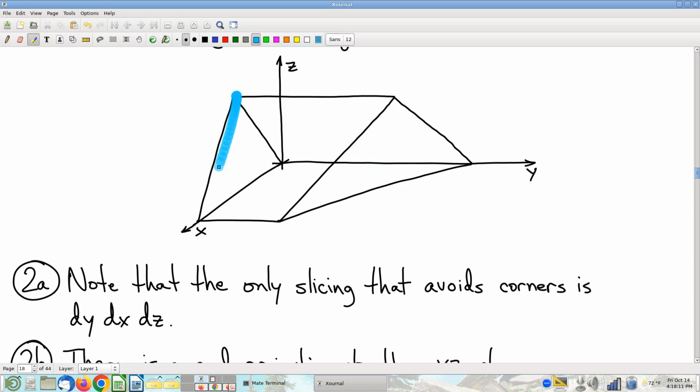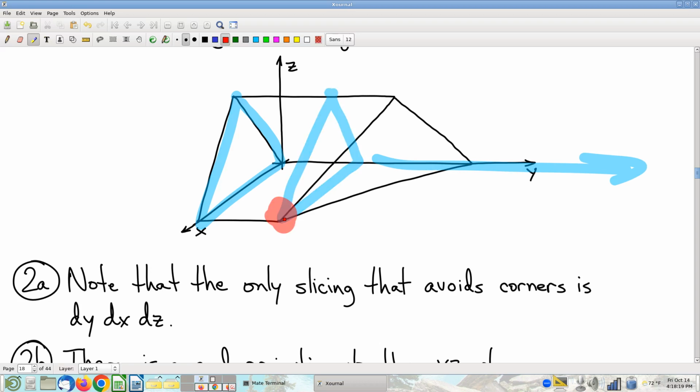I think what you'll find is that doing your Y slicing on the outside is bad because you're going to slice through this corner. That's not good. And then in fact further over, you will slice through this corner. And everything's just all messed up. So putting dy on the outside would be a catastrophe.